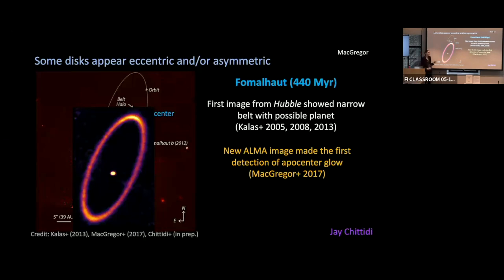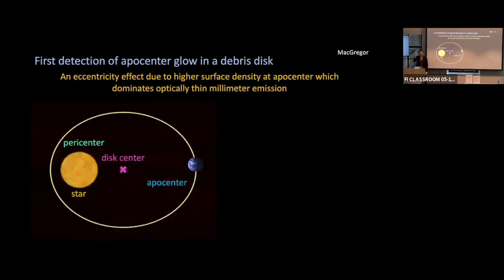Okay, so what can we do with this? So one thing that is noticeable in these images is that the apocenter side of the disk is brighter than the pericenter side of the disk, which is maybe not the most intuitive thing. So this was predicted from theory, actually, because it's an eccentric disk, right? So things move faster at pericenter than they do at apocenter on eccentric orbits.